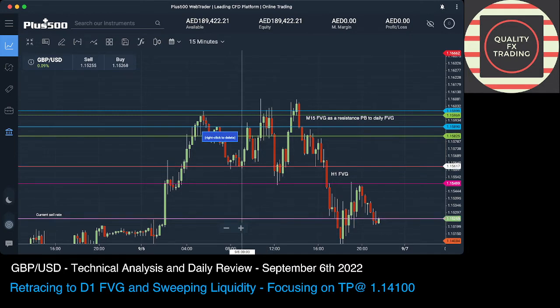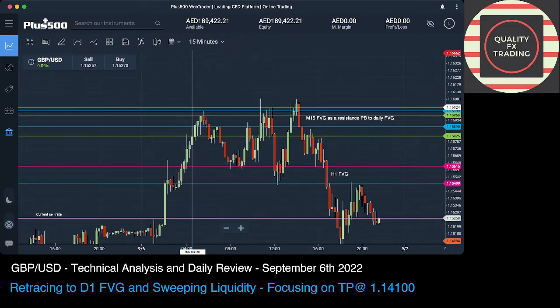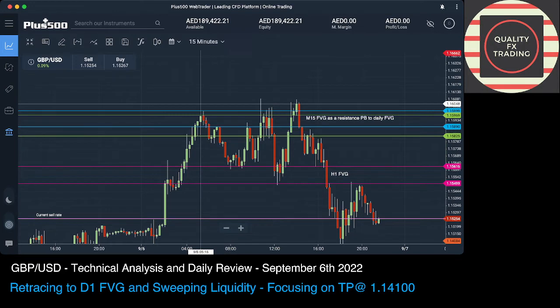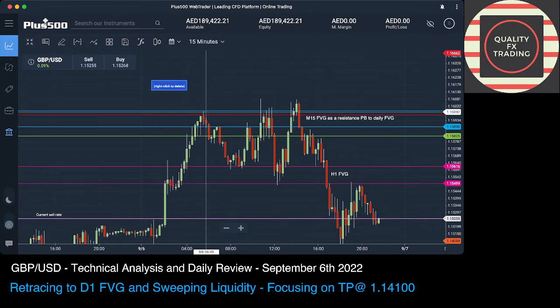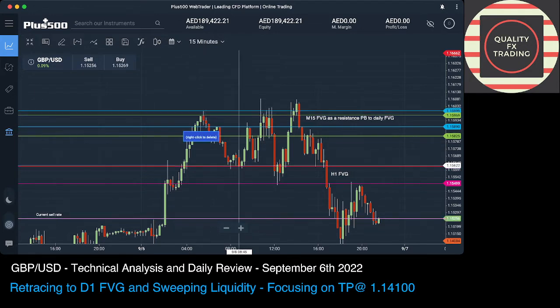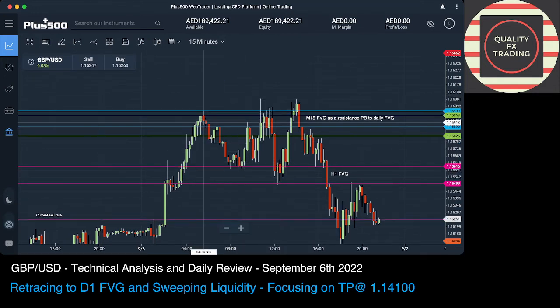We call this manipulation for the daily move. You see how it went up? It took the stop losses above this high, which was created in the Asian session, for a reason. This high was created in the Asian session, then it moved to the downside. Before opening the London, it pushed to the upside, takes the liquidity of this high in the Asian session, and then after that, see what happened.